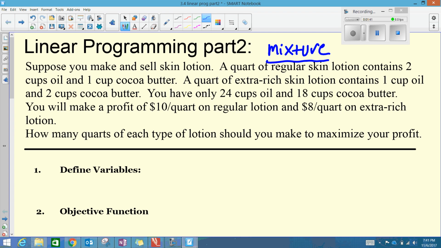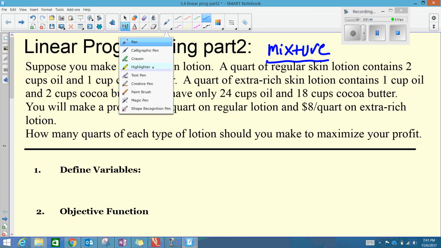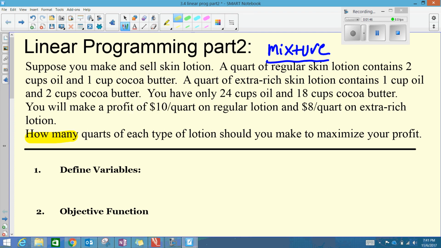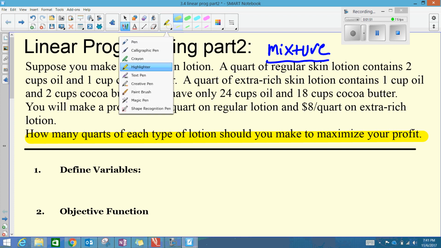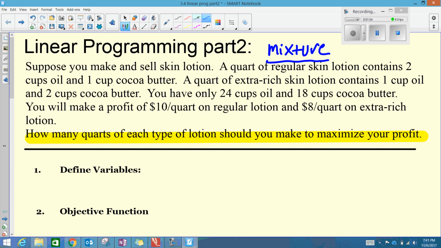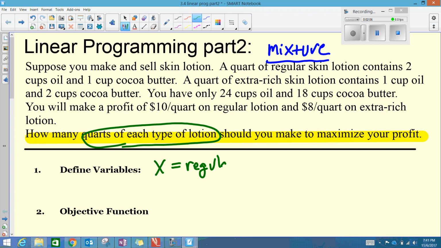Okay, so what we're going to do here is first, just like we said last time, look at that main question, which is how many quarts of each type of lotion should you make to maximize your profit? From that statement, we know that our X and our Y are going to be the quarts of each type of lotion. So our X is going to equal regular skin lotion, and our Y is going to equal extra rich.